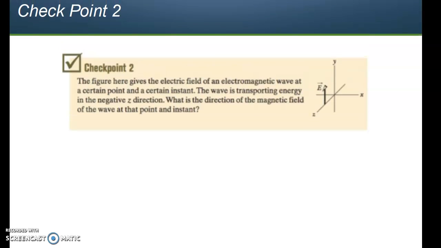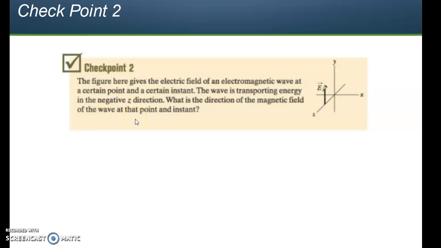And we get to checkpoint 2. There actually was no checkpoint 1. The figure here gives the electric field of an electromagnetic wave at a certain point and a certain instant. The wave is transporting energy in the negative z direction. What is the direction of the magnetic field of the wave at this point and instant?